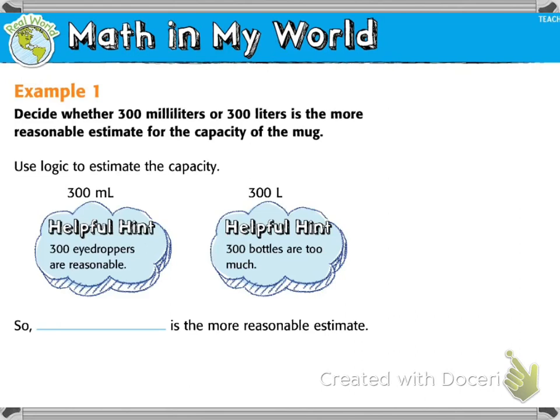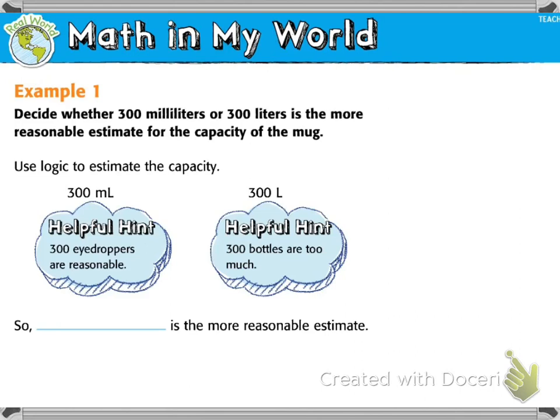All right. Example 1. Decide whether 300 milliliters or 300 liters is the more reasonable estimate for the capacity of the mug.